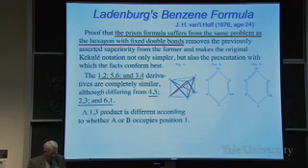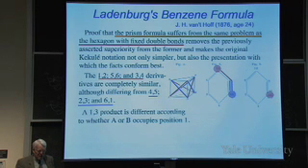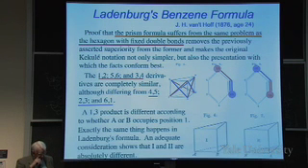He says, a 1,3 product is different according to whether A or B occupies position 1. There's single, double, double, single when you go from A to B, okay? Exactly the same thing happens in Ladenburg's formula with the prism. An adequate consideration shows that 1 and 2 are absolutely different.